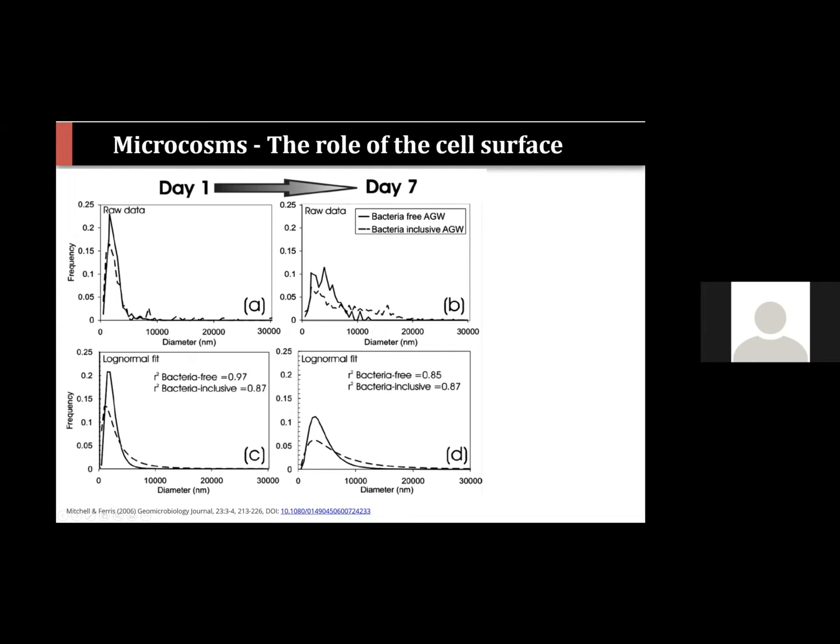What we were able to do is really observe the carbonate crystals formed at the beginning of the experiment, on day 1 and day 7, and really looked at the crystals formed in the bacteria-free artificial groundwater and the bacteria-inclusive artificial groundwater, okay?